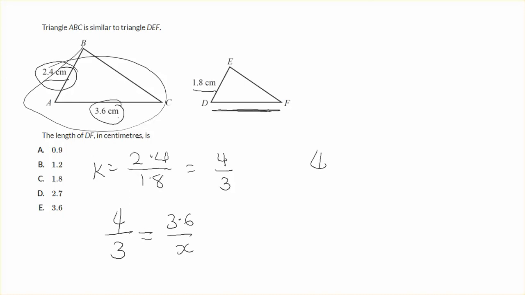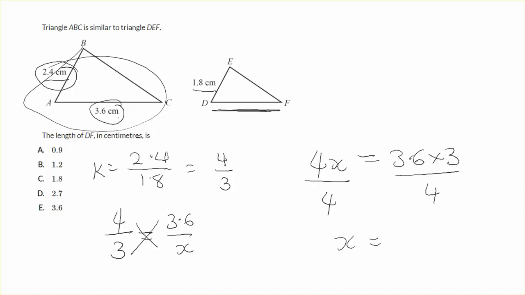So I have 4 times x equals 3.6 times 3. Divide that by 4 on both sides, and that will give me 10.8 divided by 4. So x will equal 2.7, which is answer D.